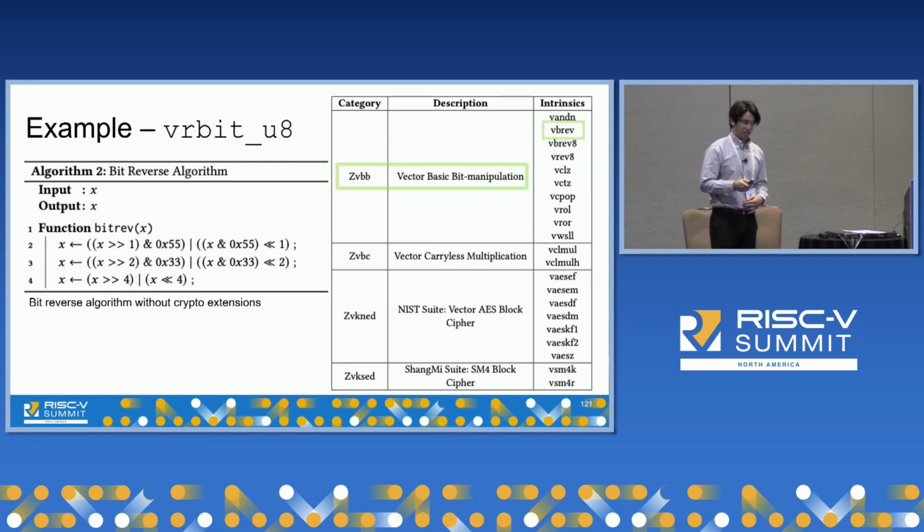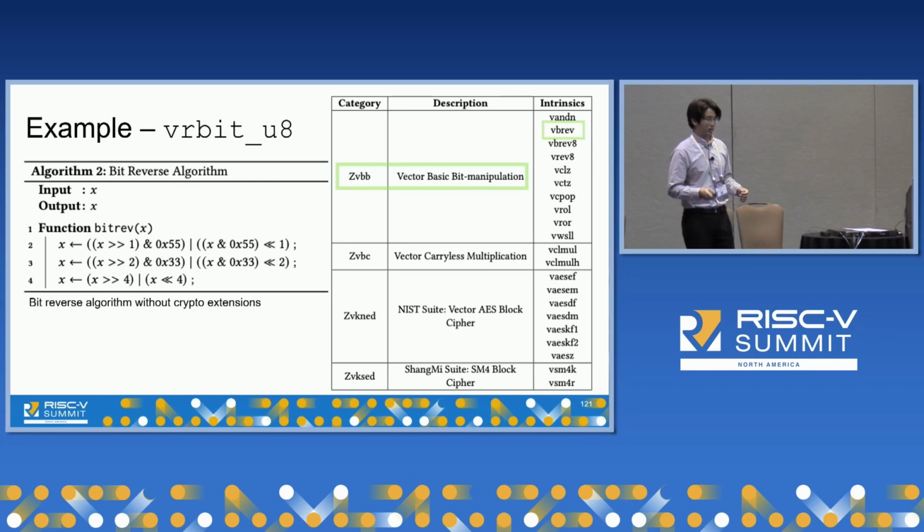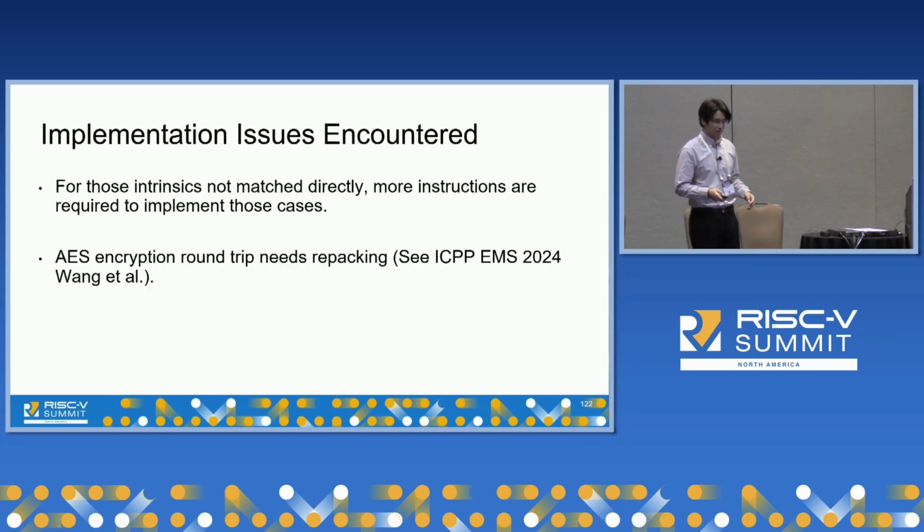Here's another example, the bit reverse order intrinsic in Neon. On the left-hand side, if we use RVV to implement it, it also requires a lot of bitwise operations. But with the crypto extension, we can use the vector bit-manipulation intrinsics to map it more suitably.